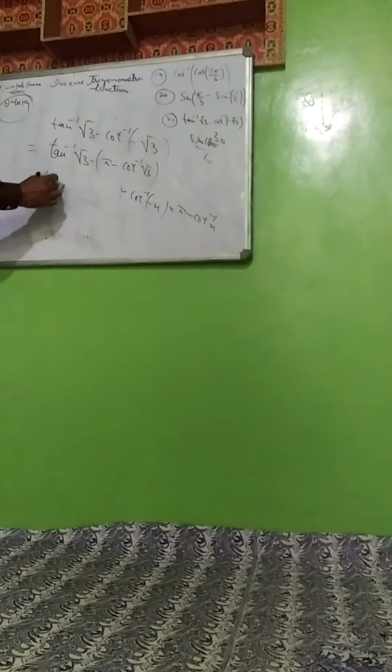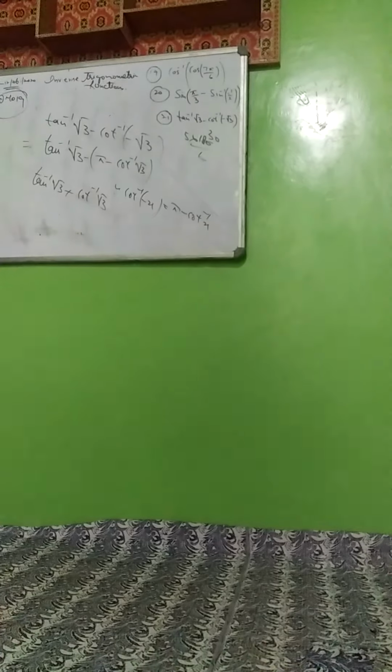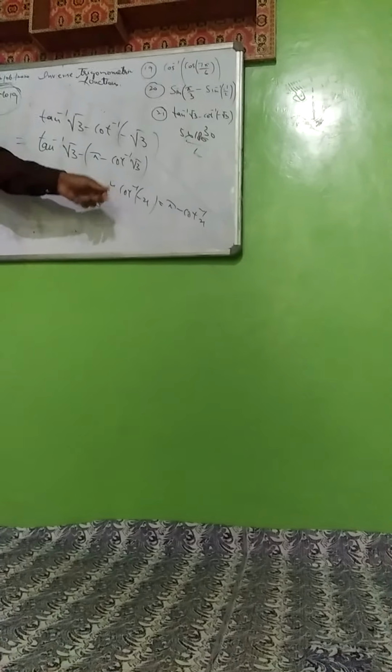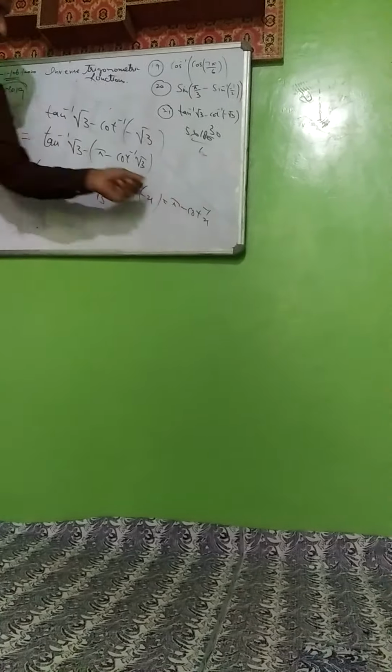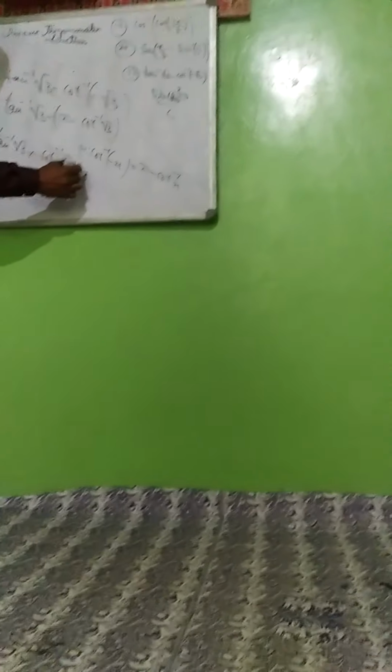It is again tan inverse root 3 minus pi plus cot inverse root 3. In place of x, there is root 3, so it is equal to minus pi plus tan inverse root 3 plus cot inverse root 3.